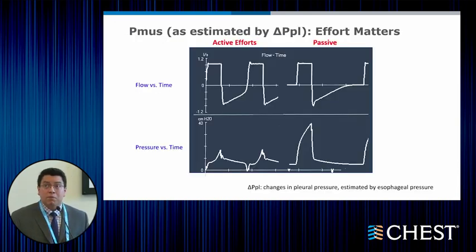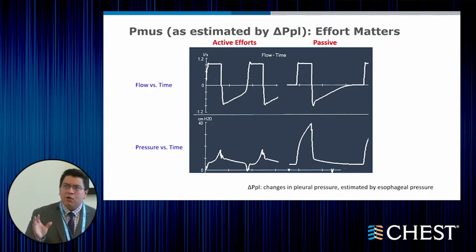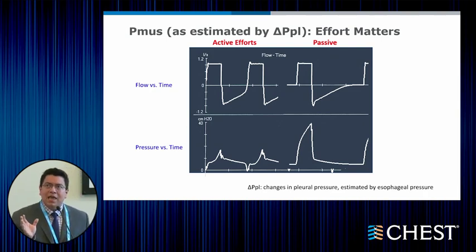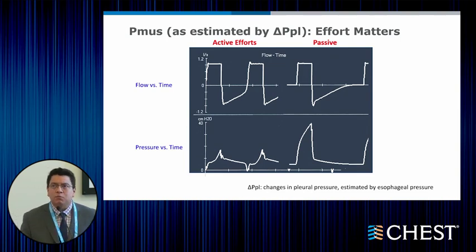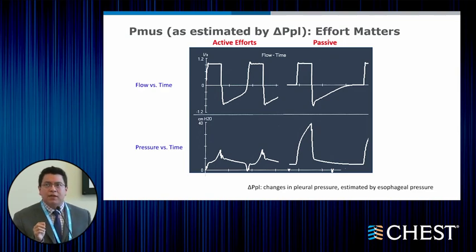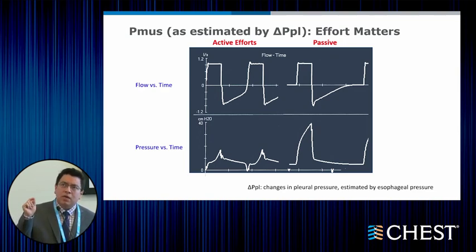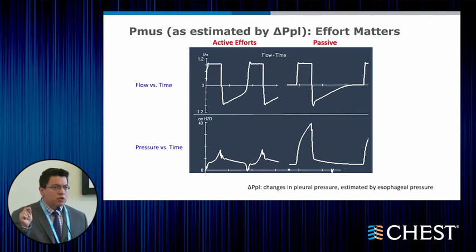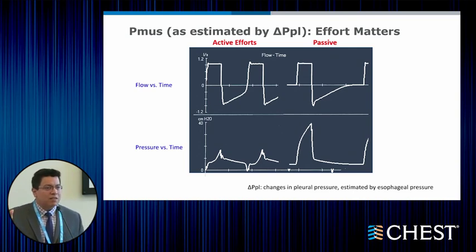We're going to see how this actually plays a role in waveform analysis. So here you have the example again. On the left, we see an active effort, a patient that is having active inspiratory efforts. On the top, you see the flow over time waveform. In the bottom, you see the effect of that effort on the pressure over time. And suddenly, we either deplacidate the patient or we paralyze the patient, and we see that we remove that Pmus contribution of negative pressure.